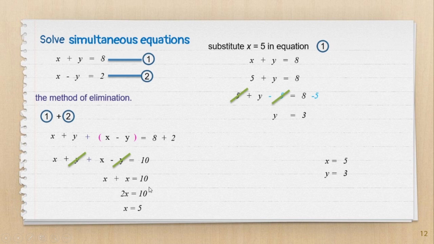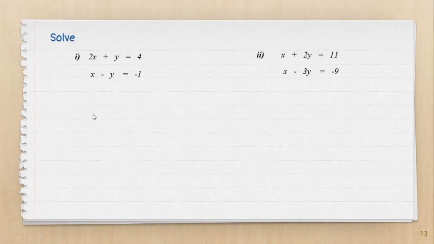That is the method that you have to use in simultaneous equations. Likewise, you can solve any pair of simultaneous equations. You only have to concern yourself with the coefficients of the unknown terms x or y. Let's try another. Write down these two simultaneous equations and try yourself.